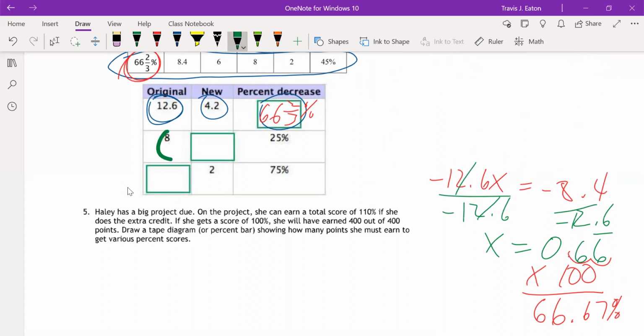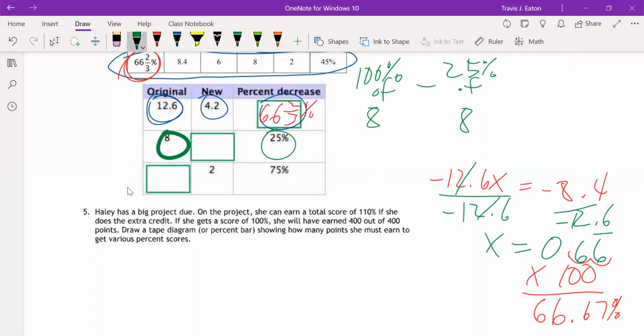We take the original amount, which was 8. So 100% of 8, minus, because it's a decrease, 25% of 8. And that will equal 100% of 8, which is 8.